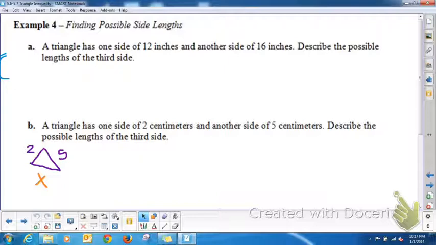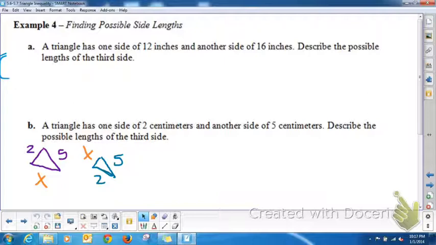Or you could depict it differently and say that it has a side of 2, a side of 5, and we don't know what this third could be. It could be the smallest side. So we could have 2 and 5 and have this one be the x. We don't know.